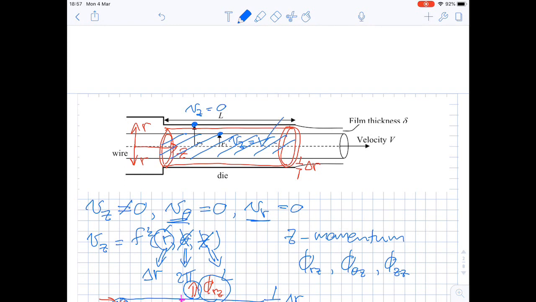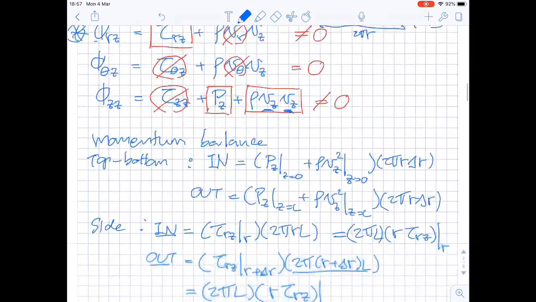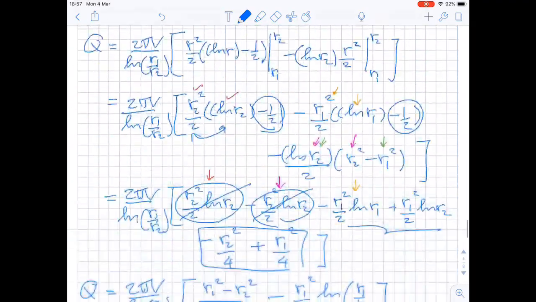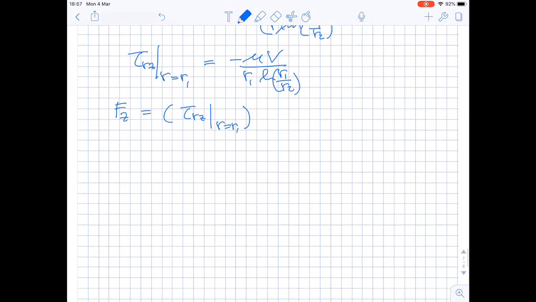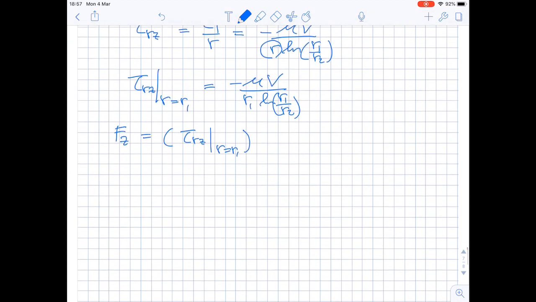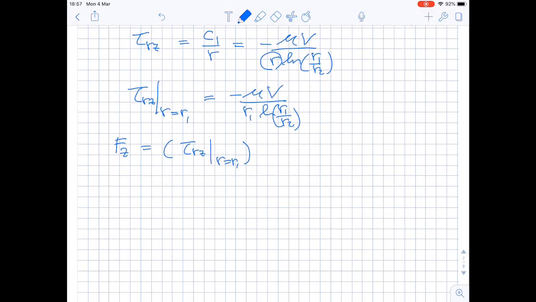So the surface here is supposed to be 2 pi r1 times L. Taking that back down here, the area is 2 pi r1 times L.